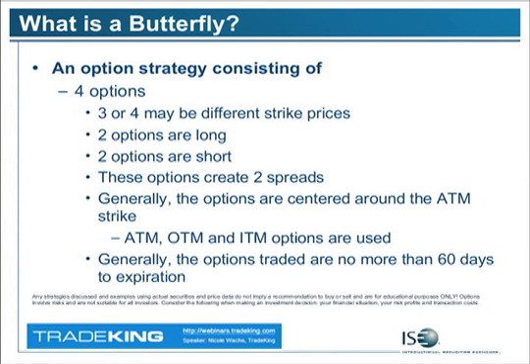If you don't use the term iron, then you're either talking about a call butterfly or a put butterfly, and that means you're just using all calls or all puts. And for the style that I'm talking about, this is quite vanilla, and that means that the at-the-money strike, the short strike, the strike that you are selling, is close to the at-the-money, meaning that the underlying value is in close amount to the strike that you're short, the at-the-money strike.